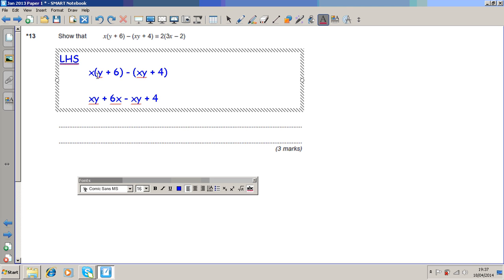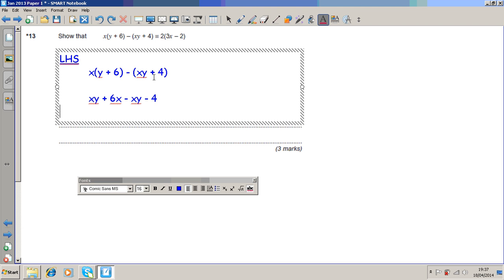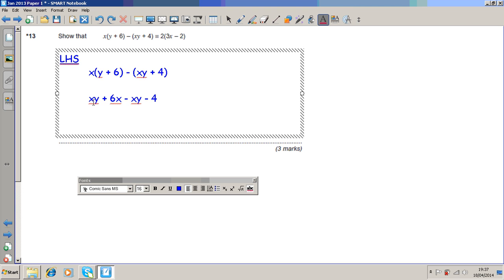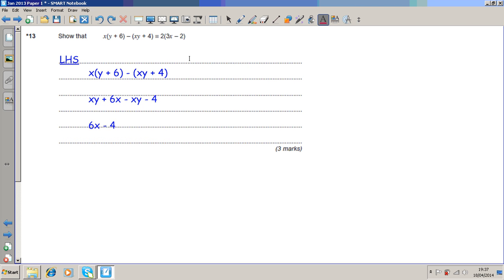Careful. So xy + 6x, but then minus xy, and then minus the positive 4 makes that negative 4. So xy minus xy is 0xy, so I'm left with 6x minus 4. So that's the left hand side.